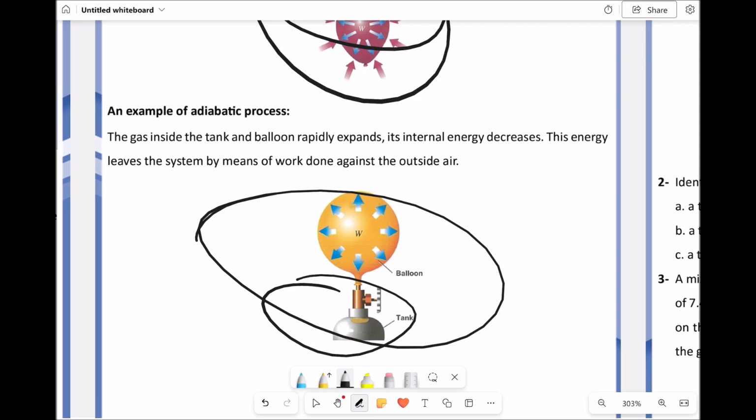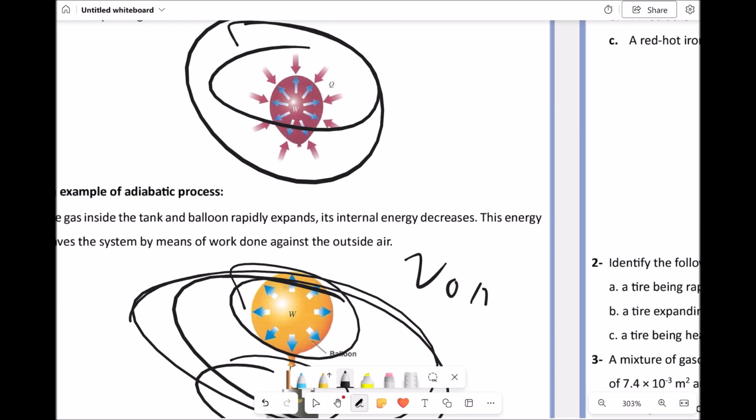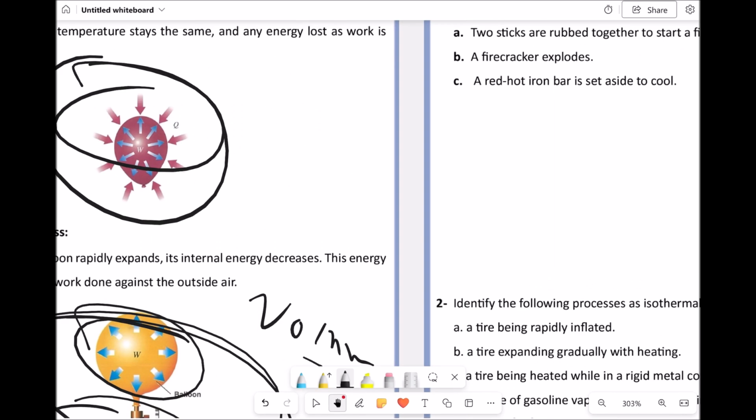As a result of this, the gas is going to cool down and do work, as internal energy. So internal energy here is going to do work. This is an example of adiabatic process, and volume here is going to be constant, okay?